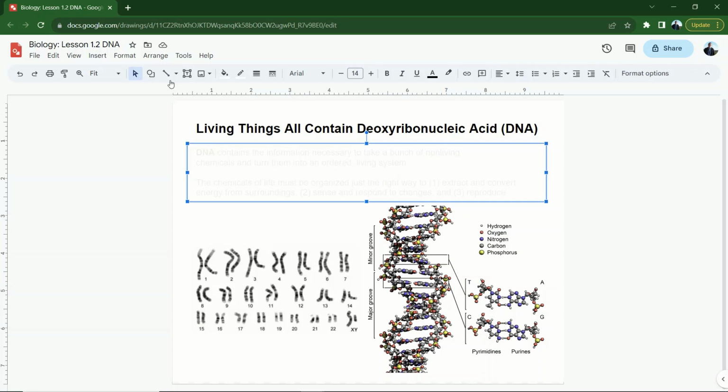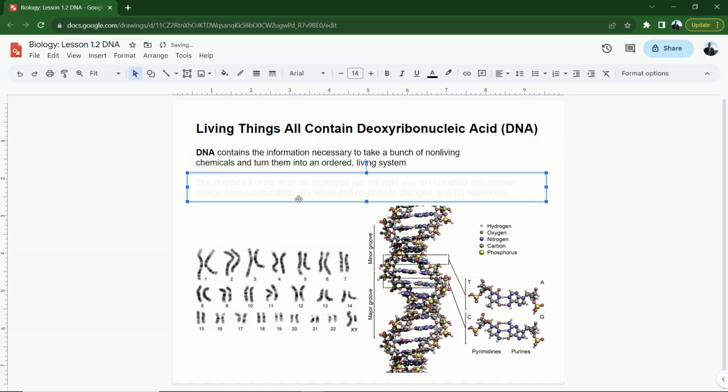What is it that DNA does that's so special? Well, DNA has to contain information. It's not just chemicals bonded together. It's chemicals bonded together that contain information that's able to take a bunch of non-living chemicals and turn them into an ordered living system.